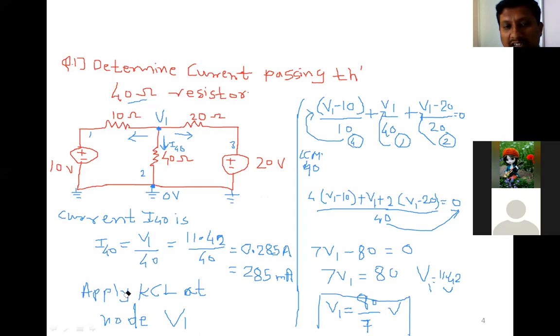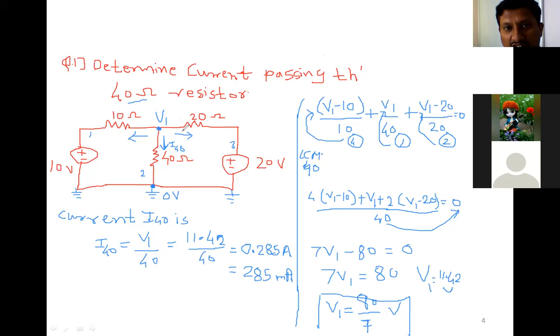If the question is find out the voltage across 20 ohm, we need to find out, because V1 is less compared to this 20, so the voltage drop is like this. Here plus will come because the current direction is actually this one. Because we get a negative answer for the current flowing through 20.